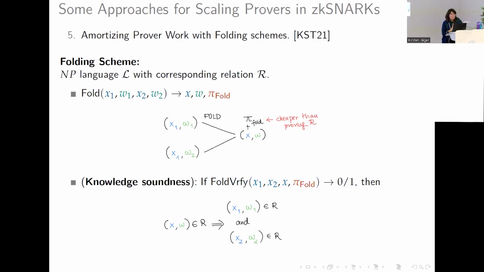So in some sense, you have to think of folding as some way of delaying the proof. You want to prove many things. You don't prove that they are satisfied. You keep collapsing them into a single instance. And at the end, you do the really expensive part, which is really proving that your thing is in the language.